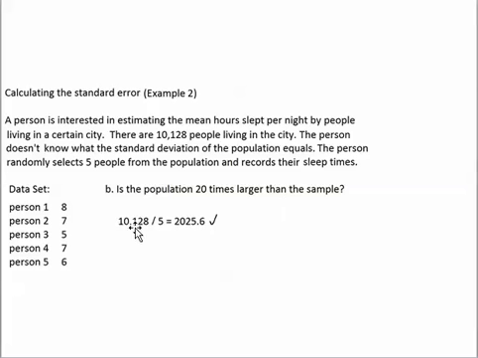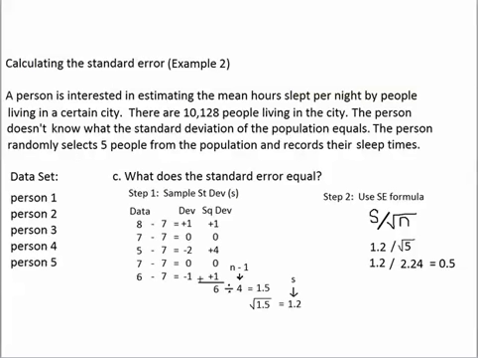When we divide the population size from the question by our sample size of 5, the answer does come out bigger than 20, which means that the population is 20 times larger. We can check it off, and since it's 20 times larger, we don't need that extension. We can just use the short formula.